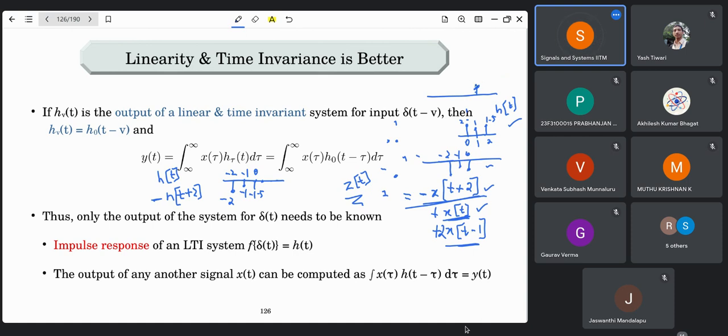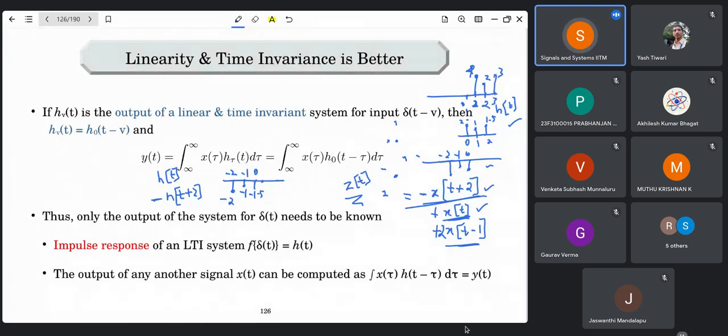So basically you take this h of t, shift that to the right by 1, scale this entire thing by 2, this becomes 4, and you have 1, which is 2, and this 1.5 becomes 3. Now the final output is the sum of all these things.